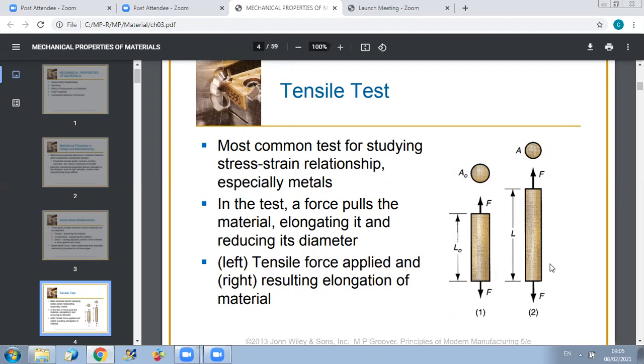As you can see in this figure, here you have the initial specimen of length L0, and you are applying forces at the two ends of the specimen, which will lead to an increase in its length. At any moment, you can measure the value of the length. We will continue to do this until fracture.